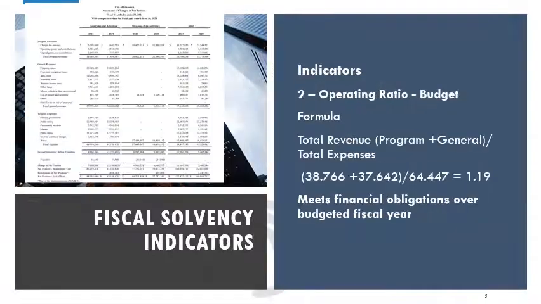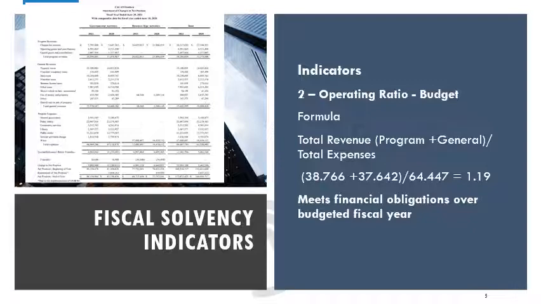obligations. Another indicator is the operating ratio, which looks at the budget for the fiscal year. In the top left-hand corner of this presentation, the 2 key areas to examine are the total revenue, which is the total programs plus general revenue, divided by the total expenses.